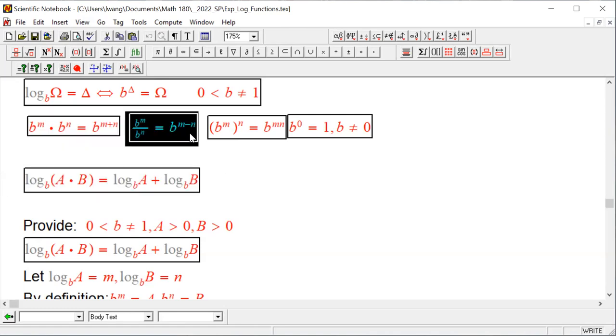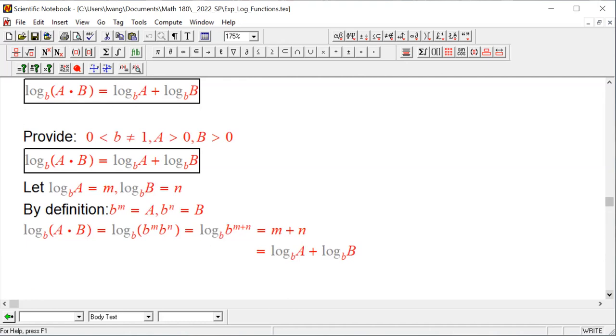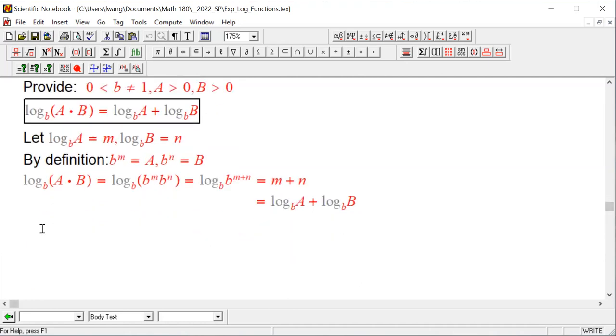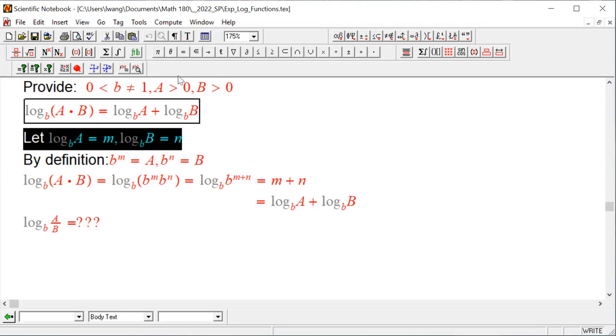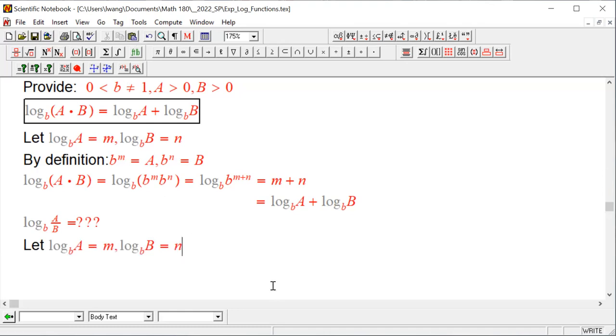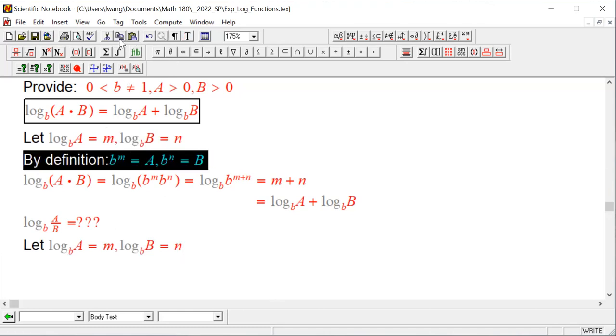How about this piece? What does this piece correspond to? Okay, so let's look at log base B of capital A divided by B. What would that be equal to? We still make the same assumption, and by definition, we get the same.